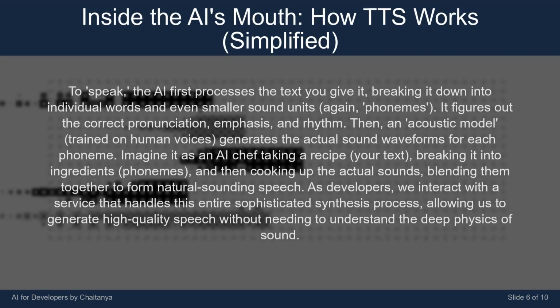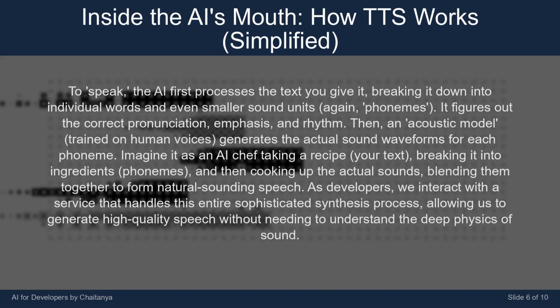To speak, the AI first processes the text you give it, breaking it down into individual words and even smaller sound units. Again, phonemes. It figures out the correct pronunciation, emphasis, and rhythm. Then, an acoustic model, trained on human voices, generates the actual sound waveforms for each phoneme.